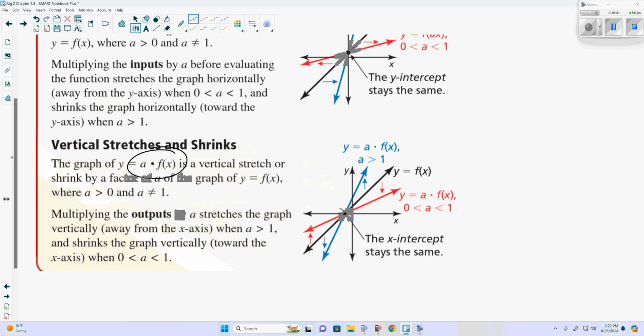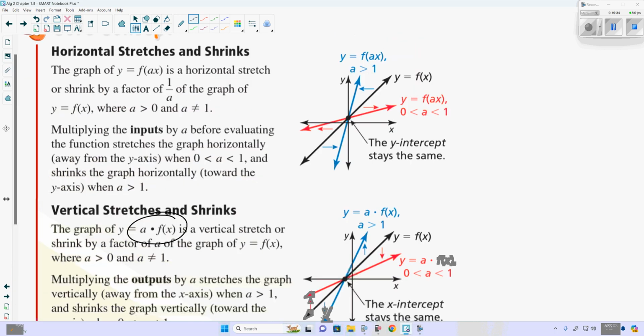Doesn't matter if it's a stretch or shrink vertically, we still use the same general form. Horizontal stretch or shrink, our general form is f of a times x. But we have to flip the value. Whenever it's a horizontal stretch or shrink, the amount that they give you, you need to flip it before we plug it in for a. So if they told us it's a horizontal stretch of 4, the a value is actually 1/4.